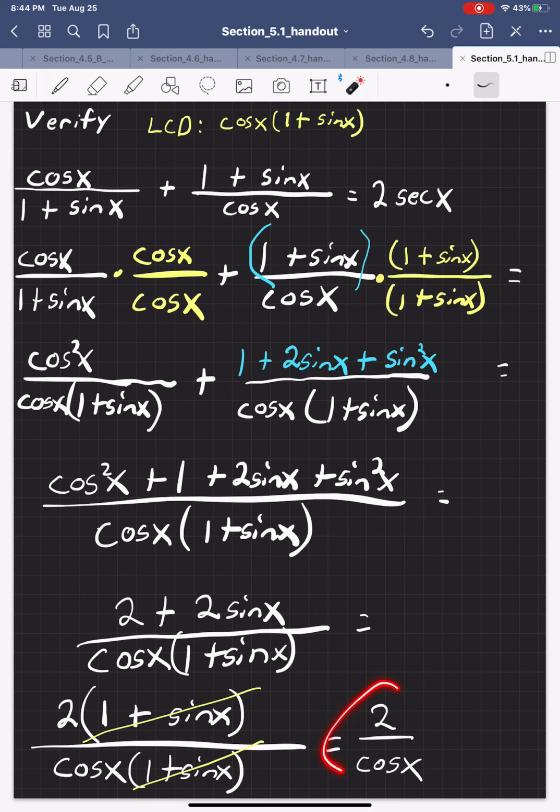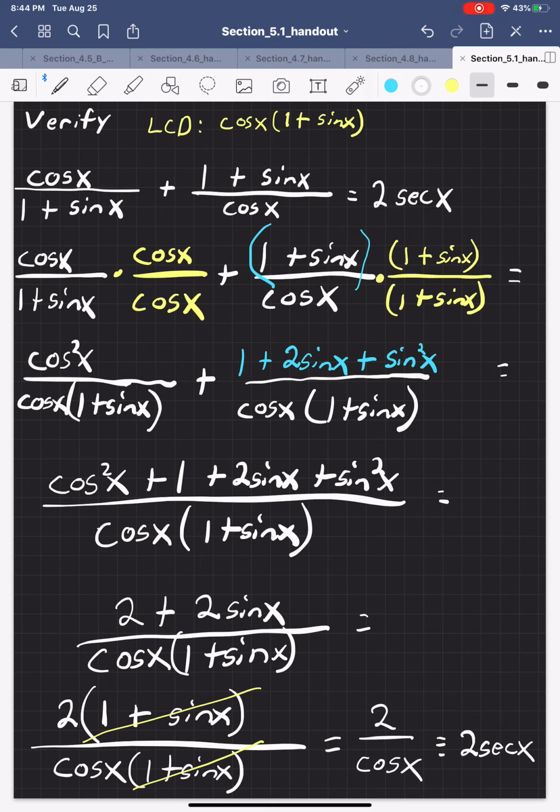But let's finish it. This still doesn't look like what we were supposed to verify. But remember, if you look at your formula sheet, secant x is just 1 over cosine of x. So 2 over cosine of x would just be what? It would be 2 secant. And we're fully verified.